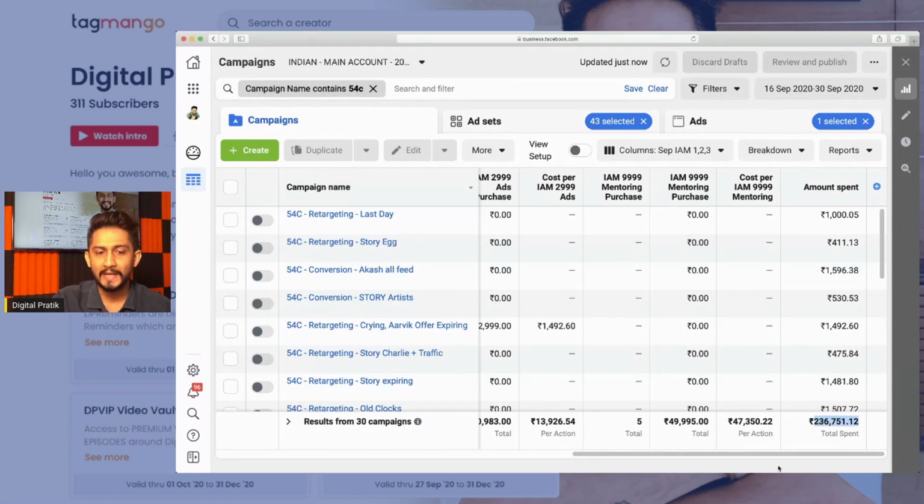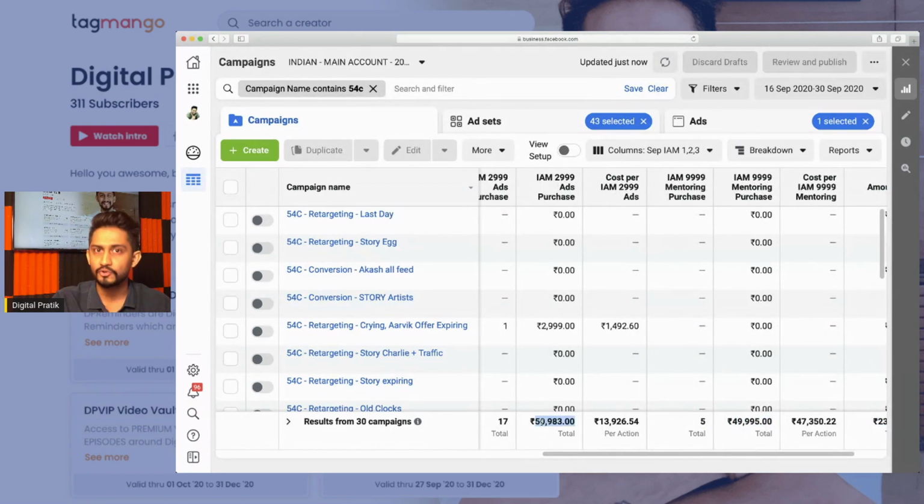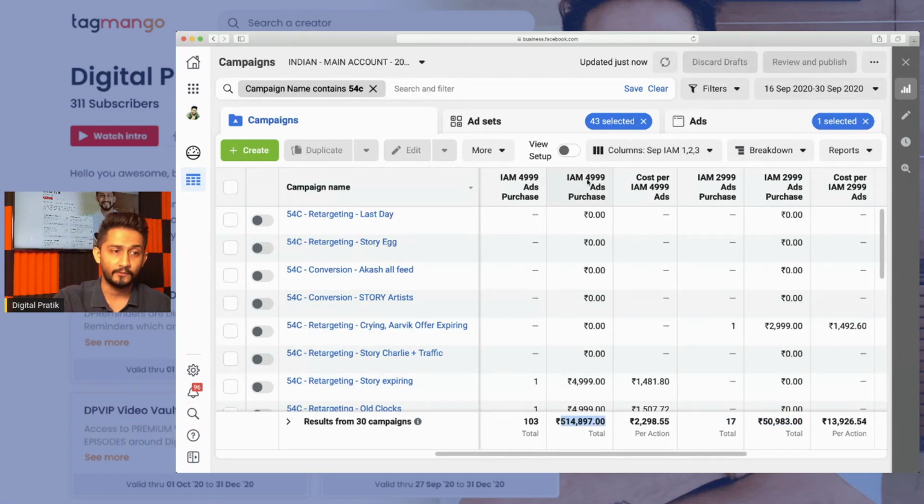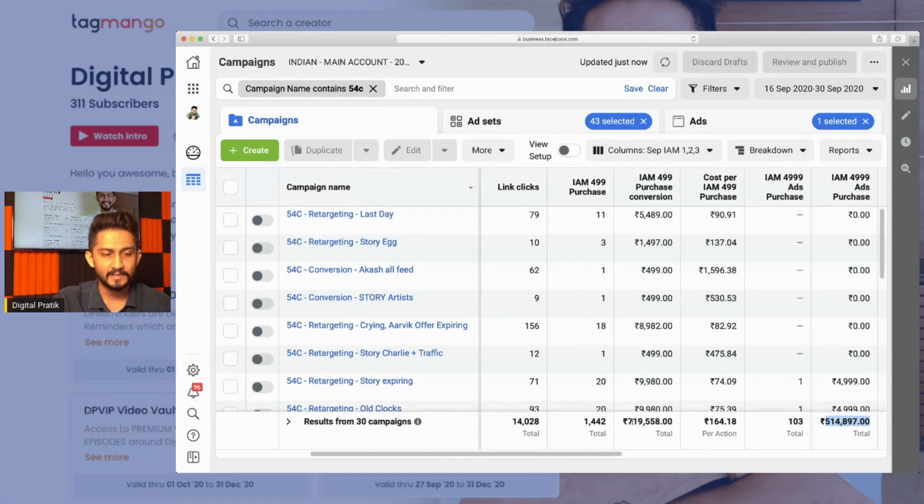So close to 2,36,000 was spent in 15 days on this campaign. And look at this. This is 50,000 plus 50,000, close to 1 lakh rupees. Then from the 5,000 rupees product, we generated 1 lakh rupees, let's say, rounded off. So this is 6 lakhs now. And let's consider this 7 lakhs. So 6 plus 7, 13 lakhs.